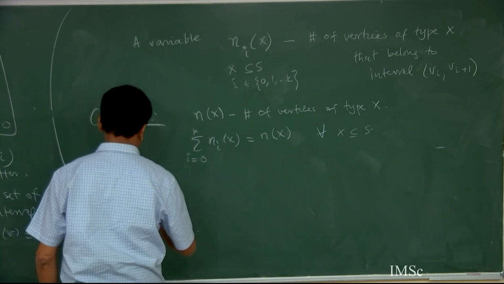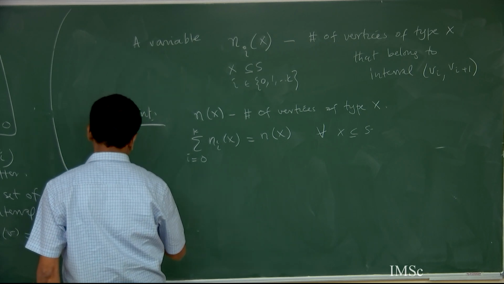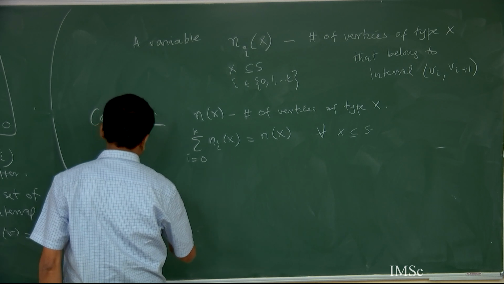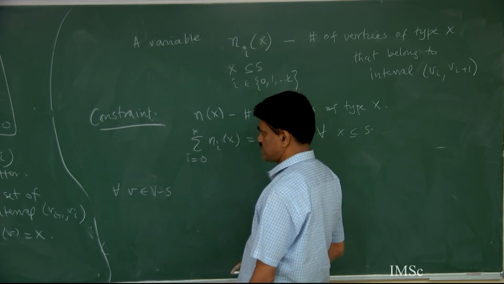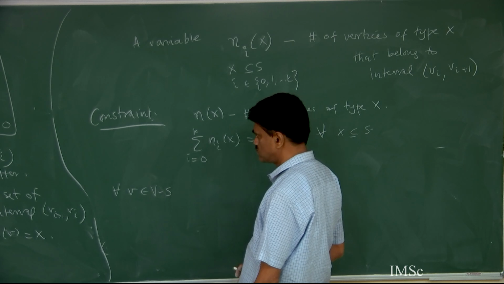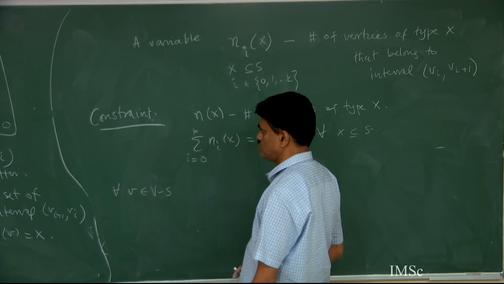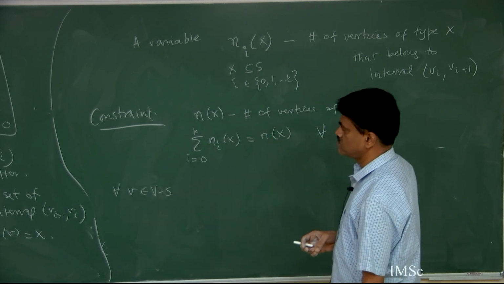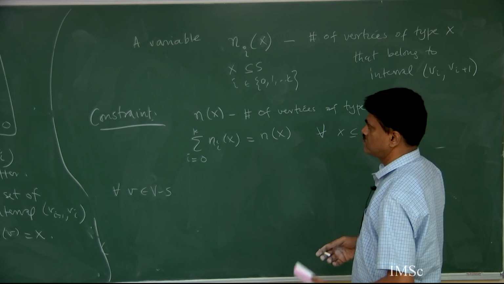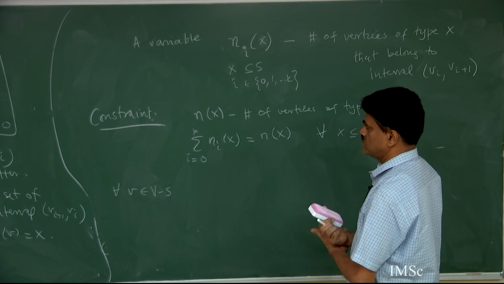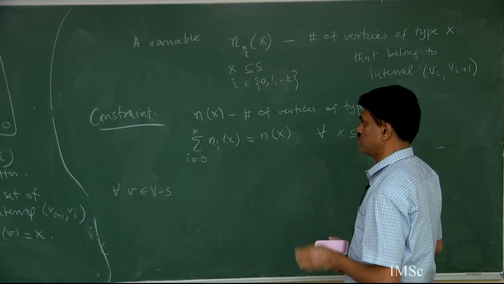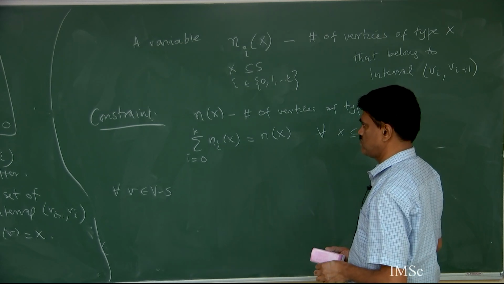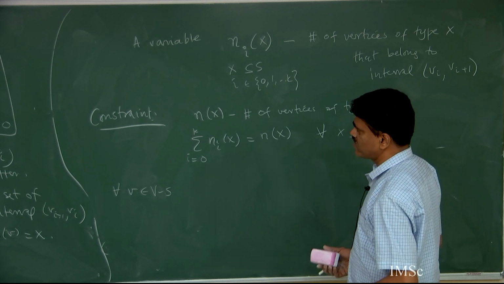For every v minus S, what is its imbalance? Or it's better to write it for every type.